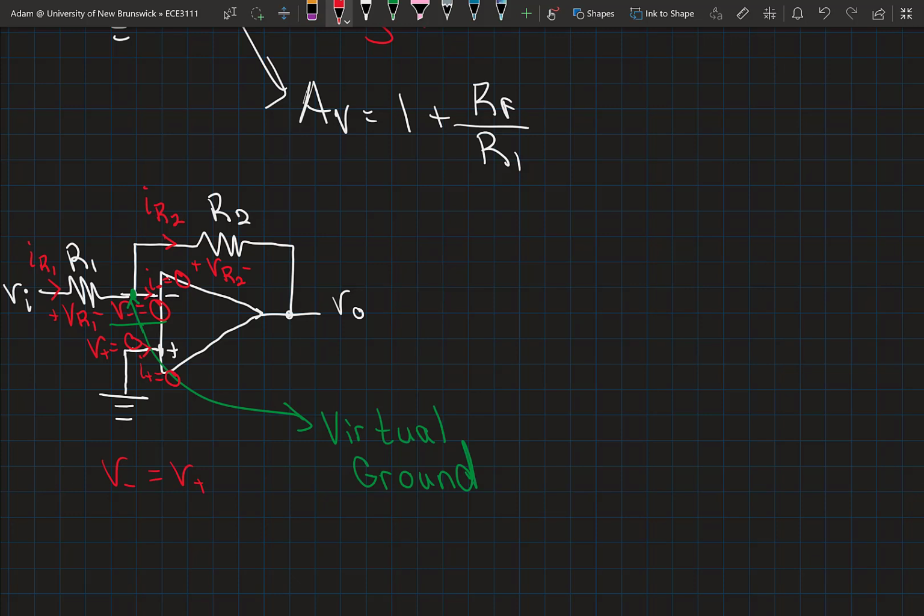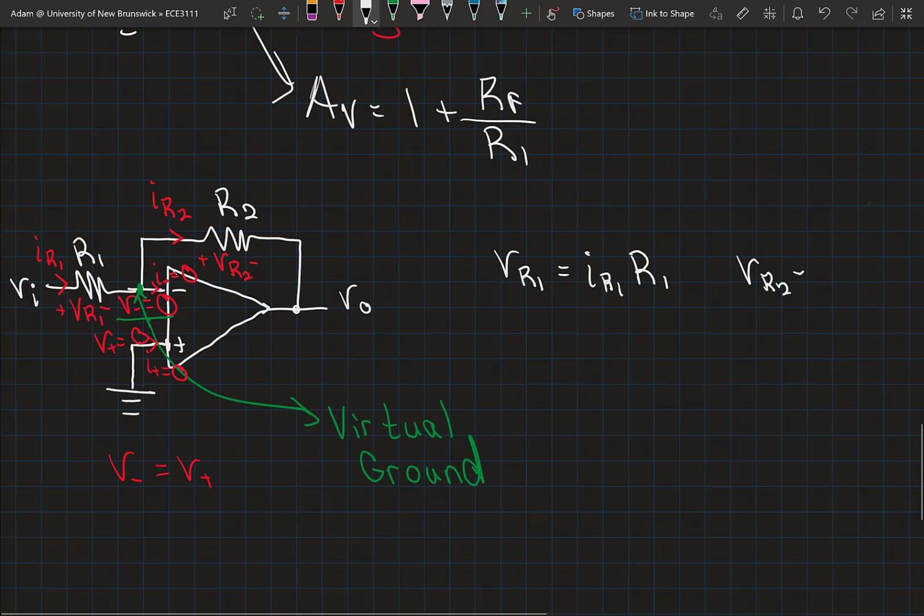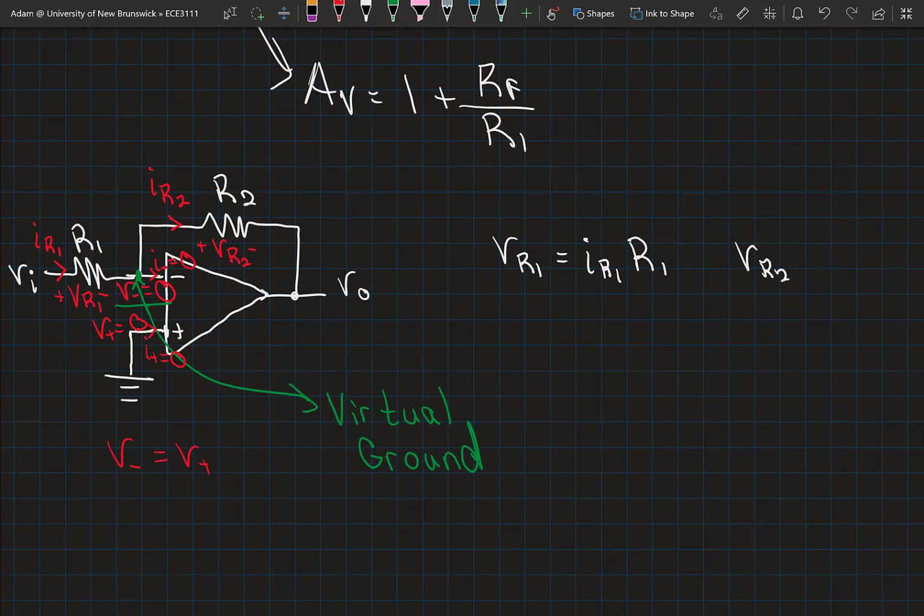Those voltage drops are going to be a function of the current flowing through those resistors. So the voltage drop VR1 is going to be equal to the current through R1 times the resistance R1. The same can be said about VR2. The voltage drop across resistor R2 is going to be equal to the current through R2 times the resistance R2.